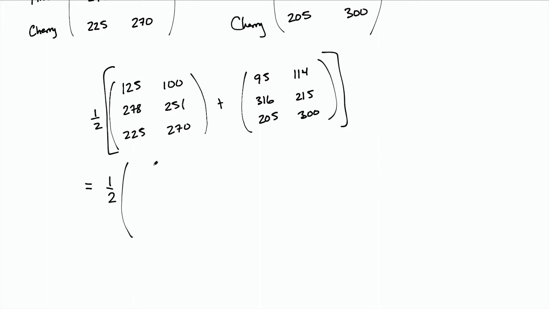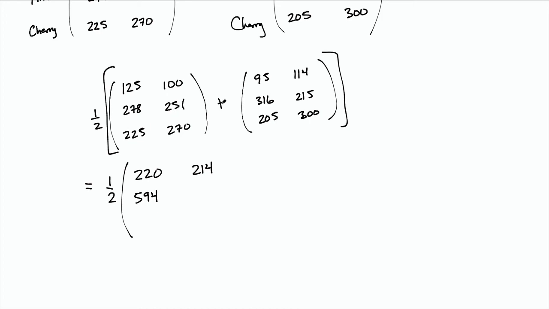So for our first entry, 125 plus 95 is 220. And then 100 plus 114 is 214. And 278 plus 316 is 594.